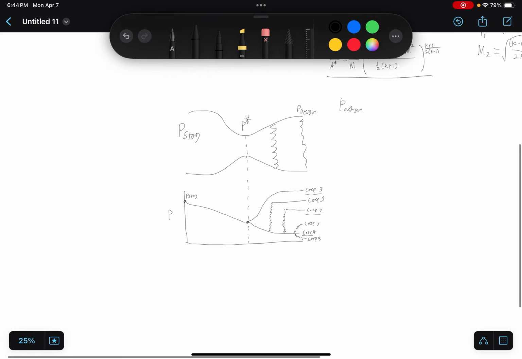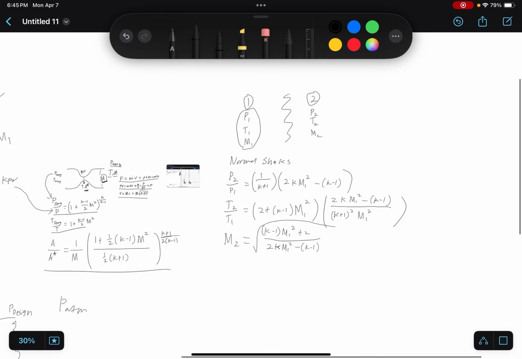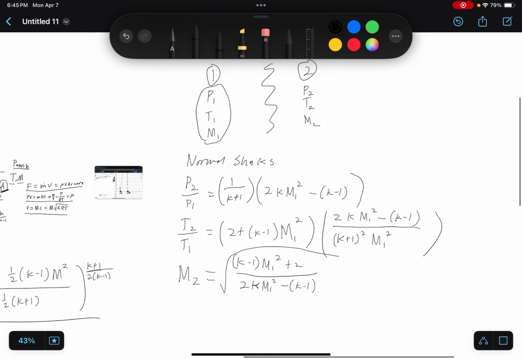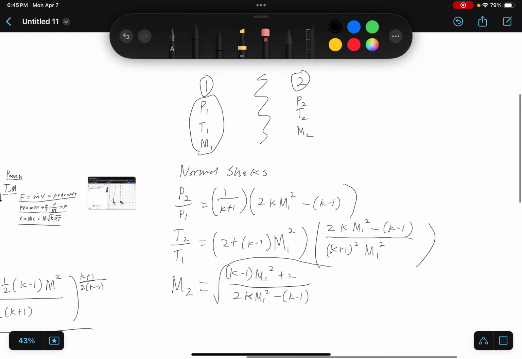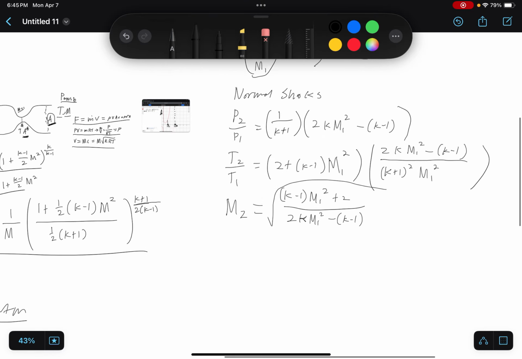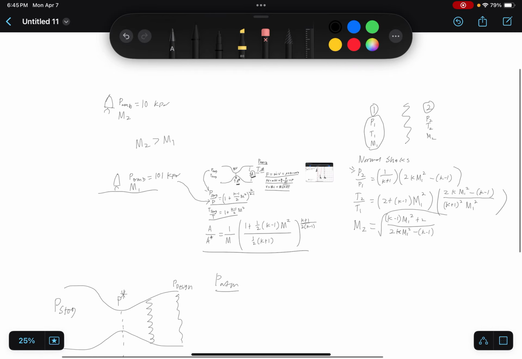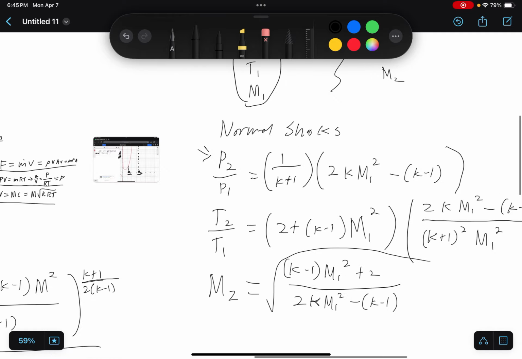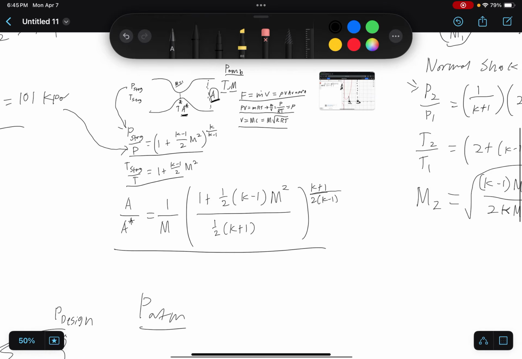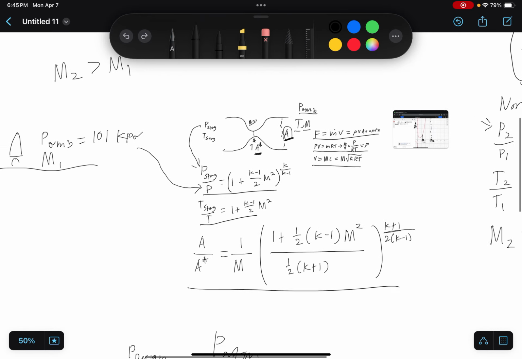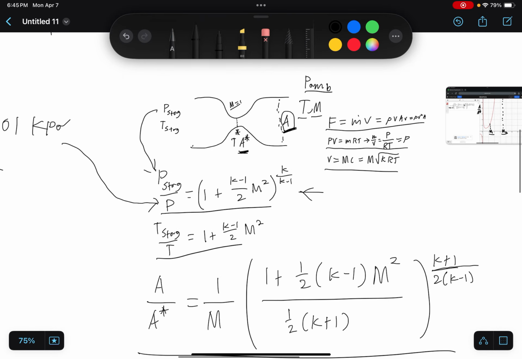So what do you need to do here? It's been a while since I did this, but I believe the right way to do this is, you know P ATM, plug that into P2. You know M1 because that's the case 4 M1, so the design M1 that you get from this equation.